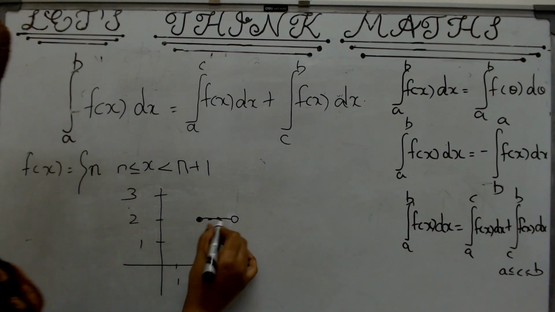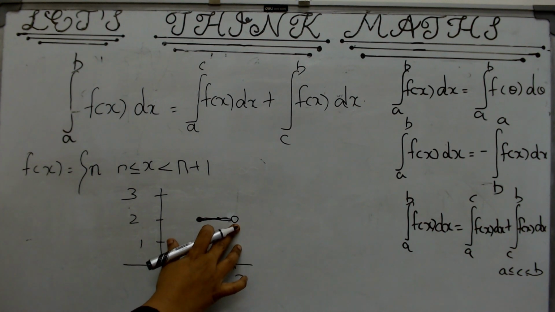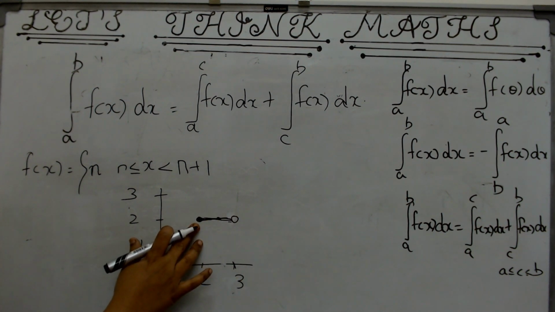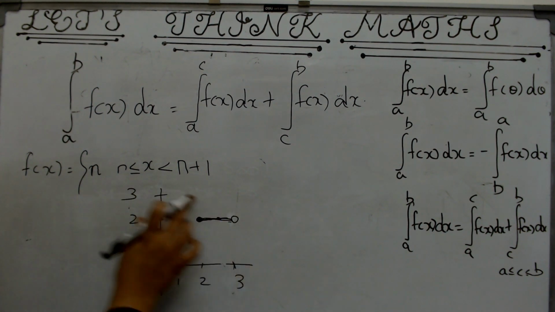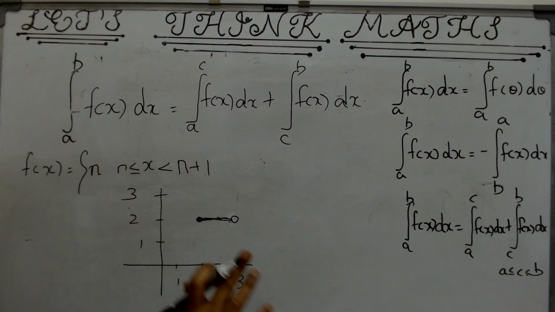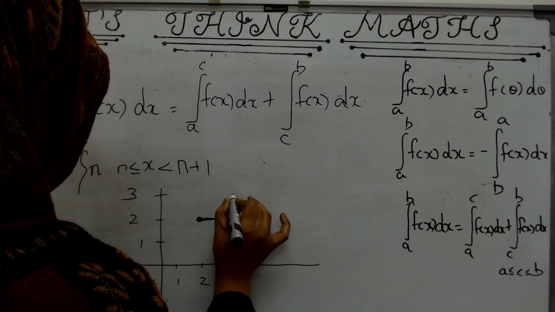This will be your graph. So you see what I have done here? I have not included 3. That is why I did not shade this figure. Only this figure is shaded. That means only 2 is included in this particular interval. You see here, this is a strict inequality. N plus 1 is not involved. But then where does 3 go? 3 goes here.